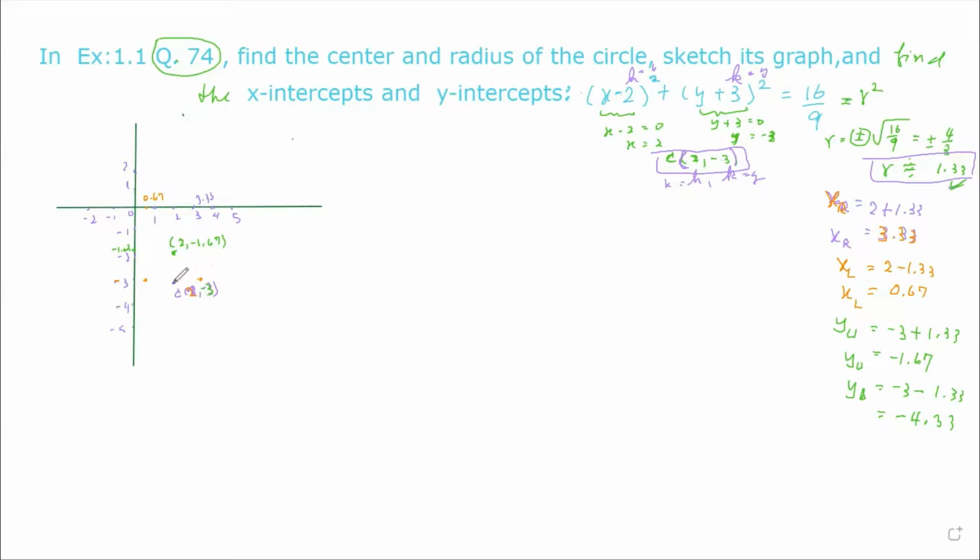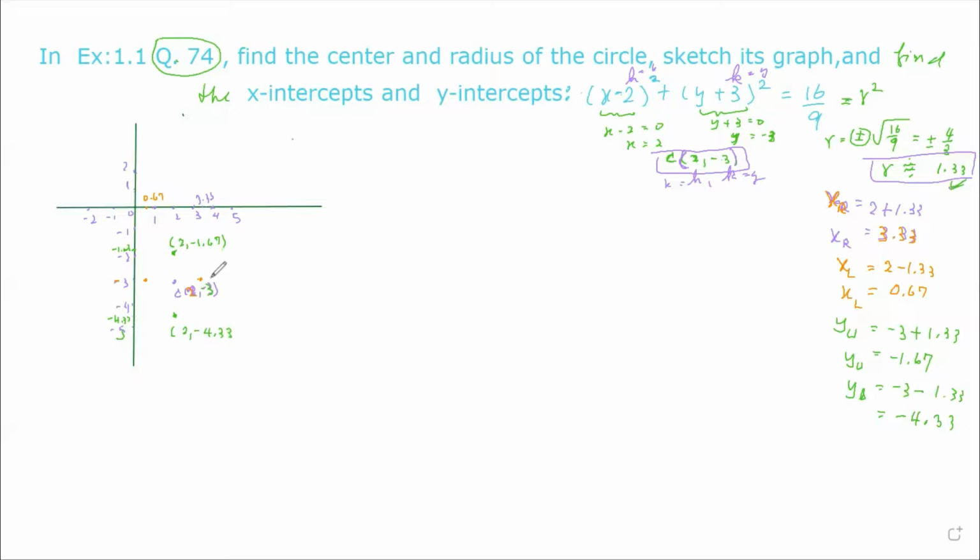From this center point, the purple one, go down to make Y equal to negative 4.33. That is about here, and X equal to 2. So we have X equal to 2, Y equal to negative 4.33.